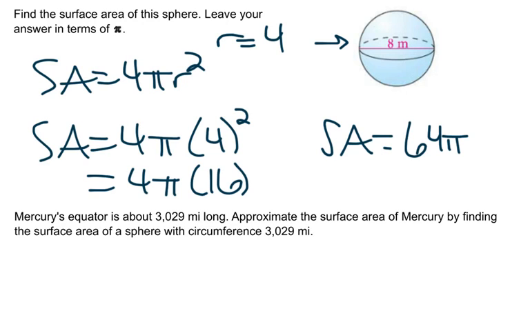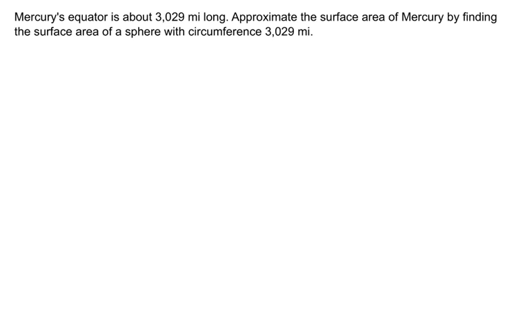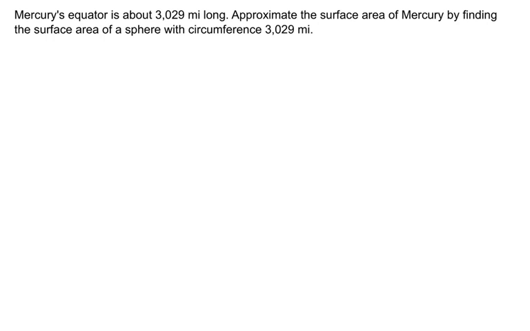And again, it says leave in terms of pi. We always want to use our units if we are given them. So that would be meters cubed. Nope, take that back. We're dealing with area. It's meters squared. 64 pi meters squared.